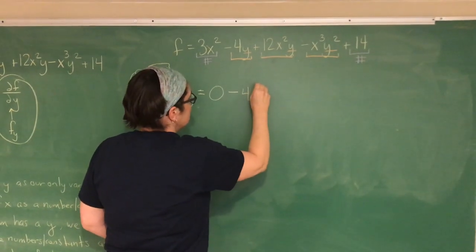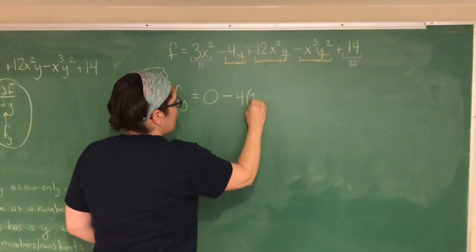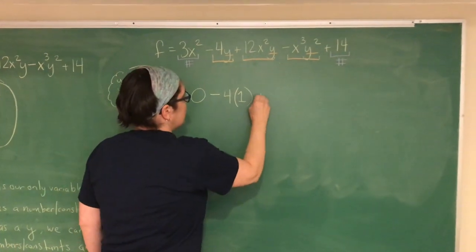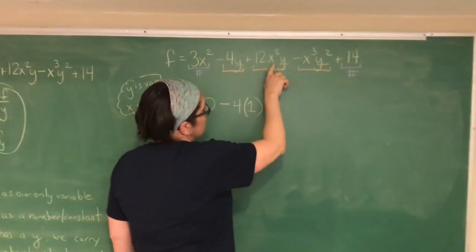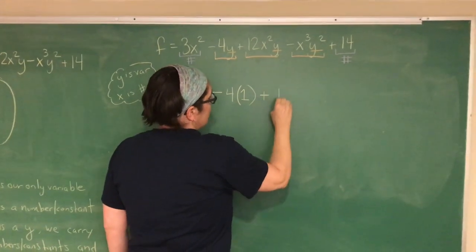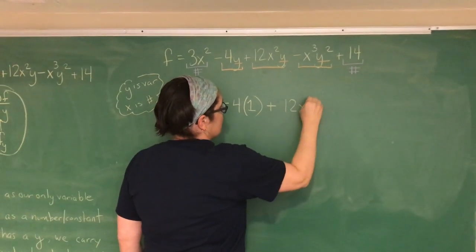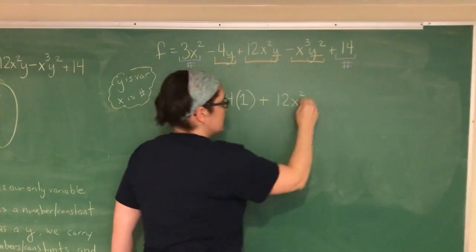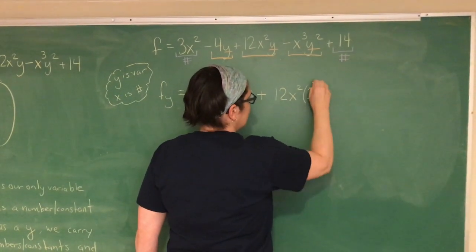So I have the 4, and the derivative of y will be 1. Then I have a plus sign. For the 12x squared times y, I carry along the number portion, that's the 12x squared, and I take the derivative of the y part, and the derivative of a y by itself is 1.